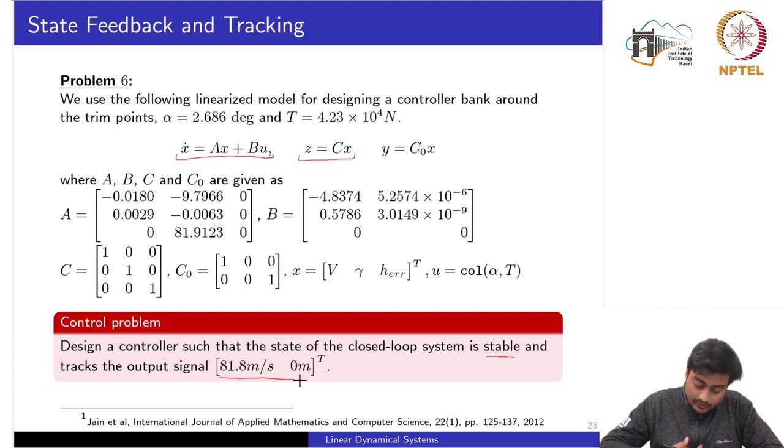So one of the methods we had discussed during the lecture slide is by using the feedforward gain, so we have expressed the control signal as u equal to PR minus k times x. Okay, so in this problem we would use another method of designing the state feedback controller, which is stable and tracks the output signal.